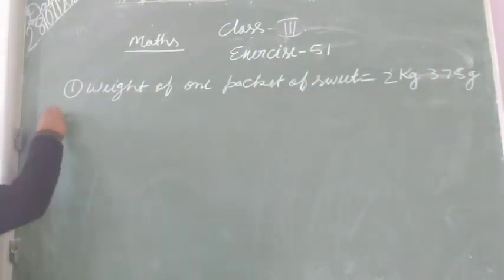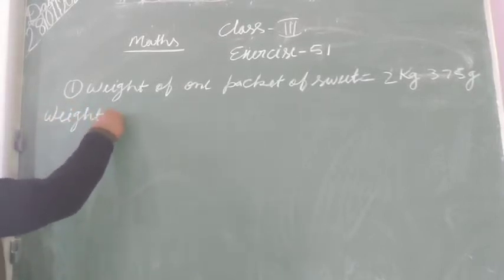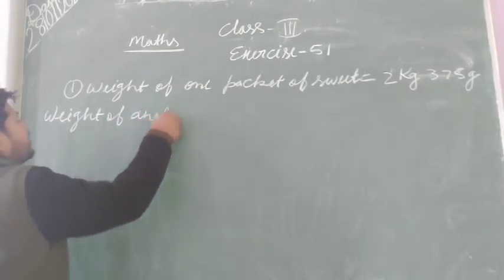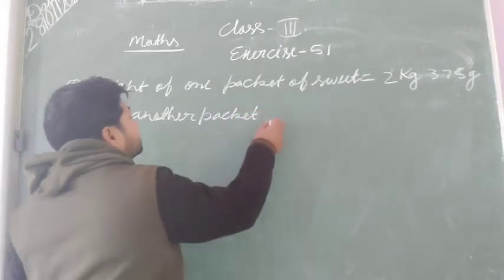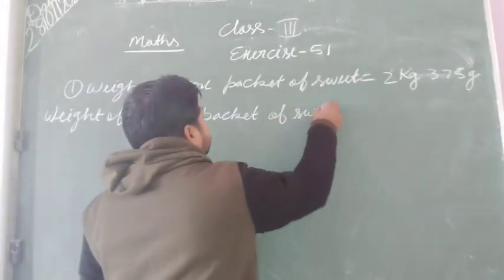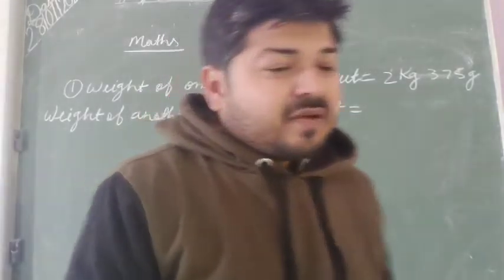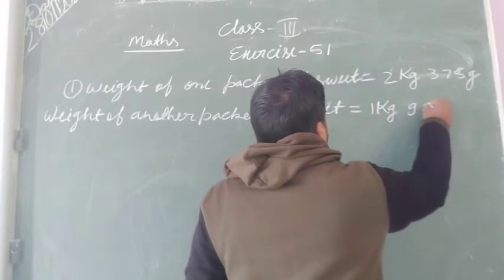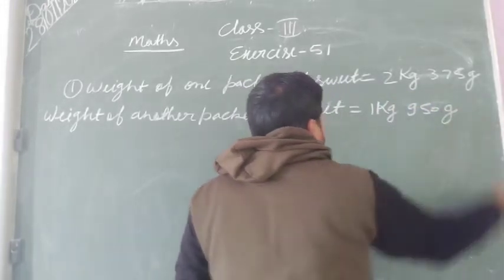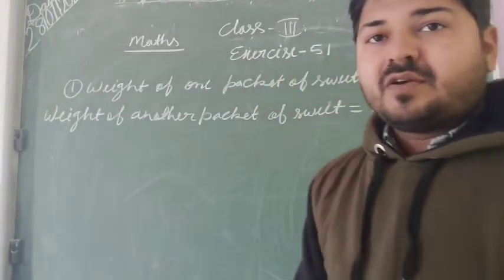Weight of another packet of sweet. What is given there? 1 kg 950 gram. So the question is asking how much do they weigh together.